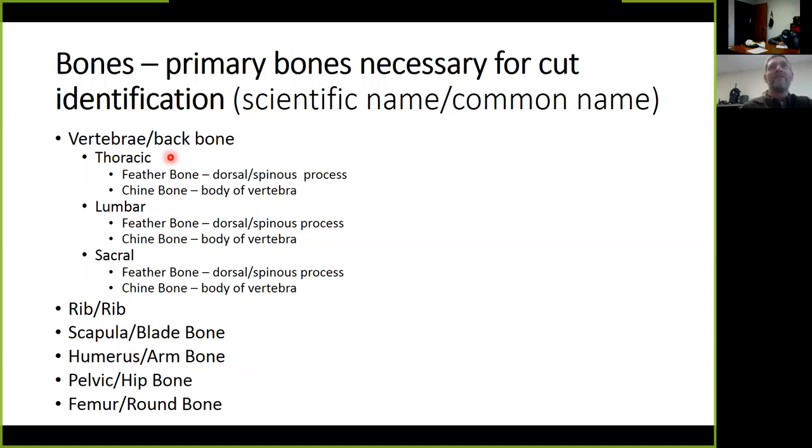And then know that there's three groupings of vertebrae, or separate names of vertebrae, and they're from different parts of the carcass. The thoracic vertebrae are all of the vertebrae that have a rib attached.